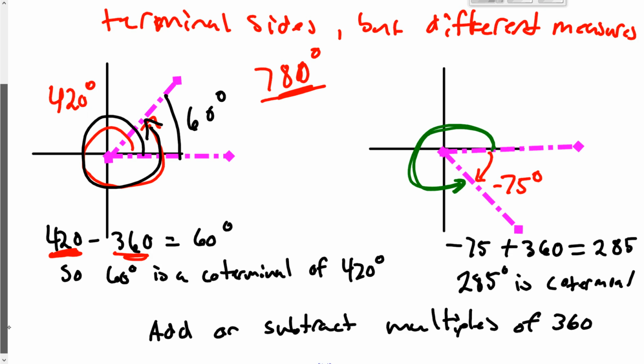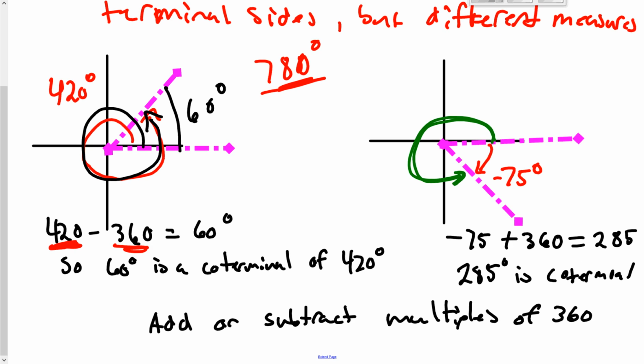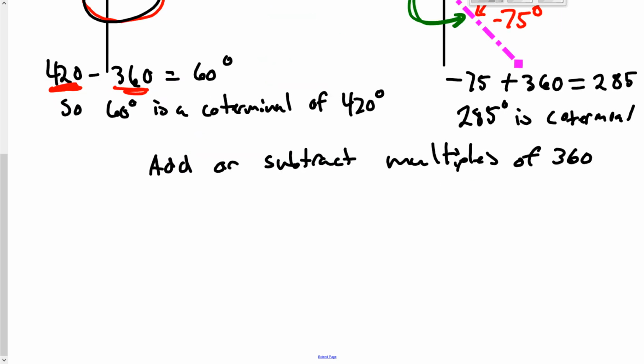And if it's a really big number, say like 1375, and I want to know the coterminal of the least positive, that's what they usually say, the least positive. Well, I would continue to subtract 360 from this repeatedly until I got to the smallest positive number.